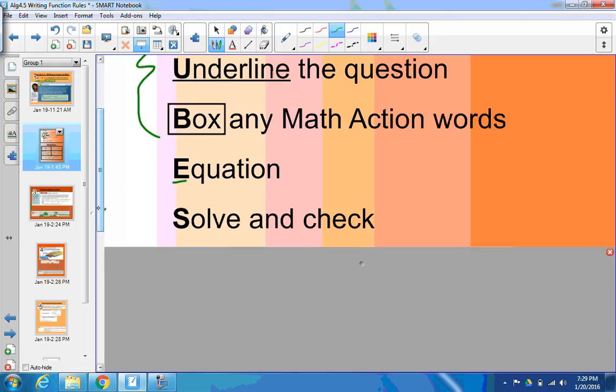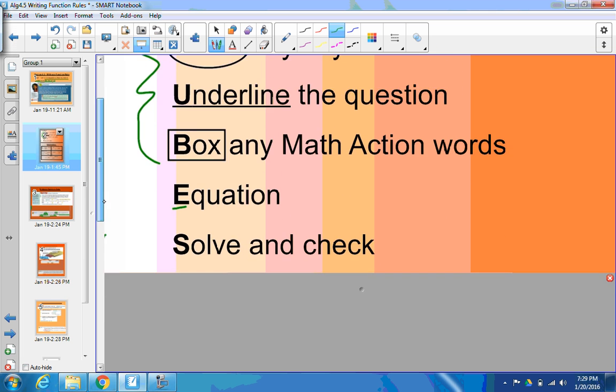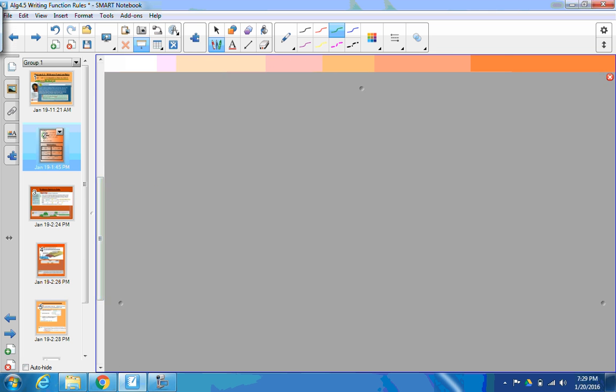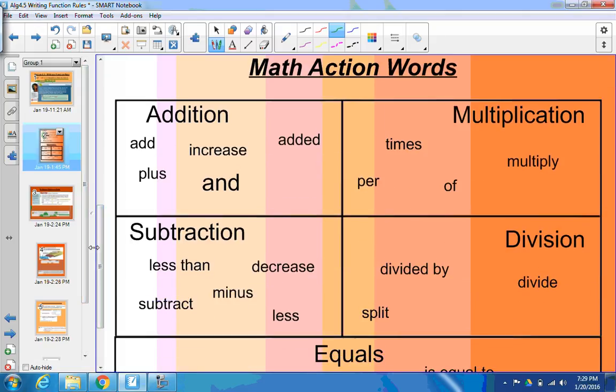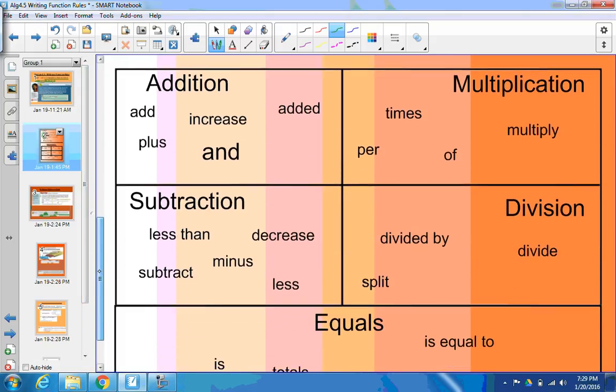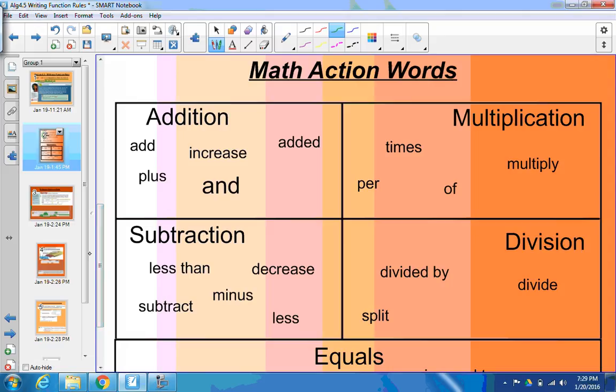When it says box any key math action words, these are some that we came up with earlier in the year for the different operations. So for addition, something we came up with, and there might be more. We have add, plus, increase, added, and how about more?